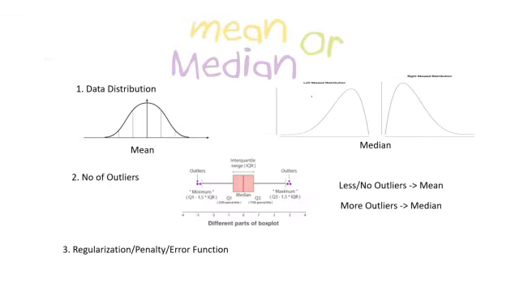If the penalty is squared error like L2, then the preferred choice would be mean, because it seeks the central point that minimizes the average squared deviation from the data points. And if you are using absolute error, then median is a better choice for the central tendency, as it minimizes the absolute deviation from the central value.